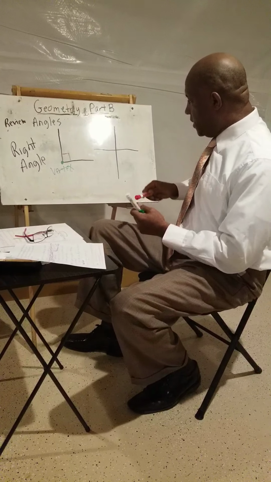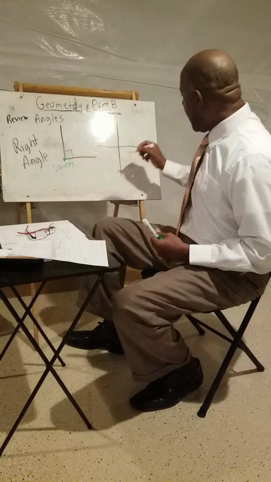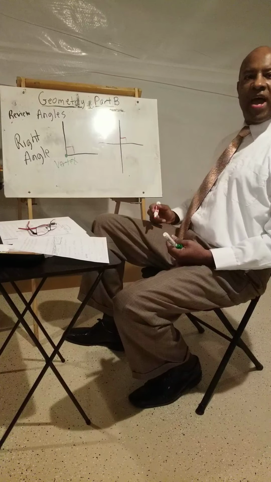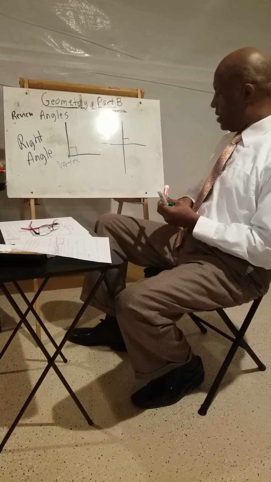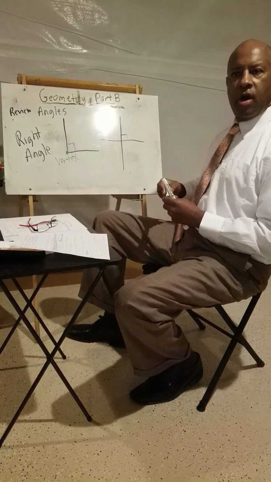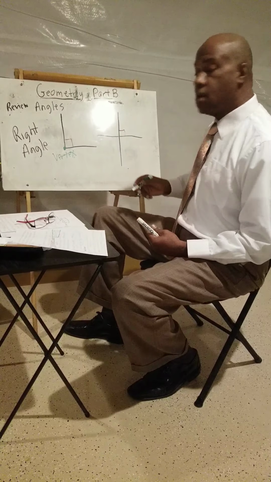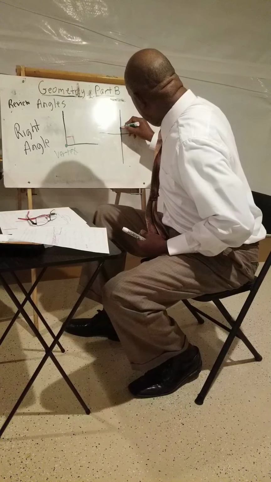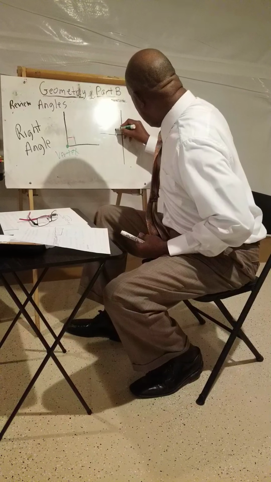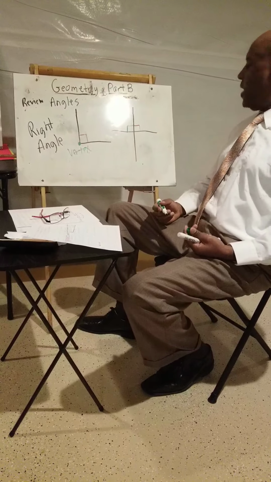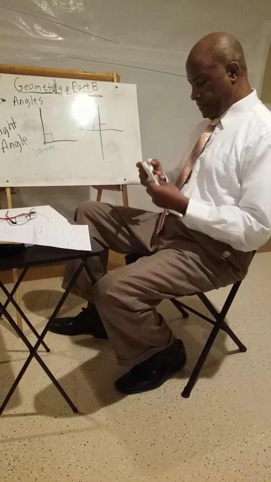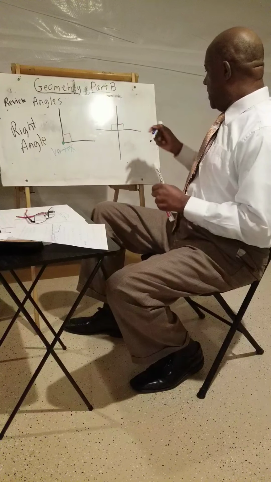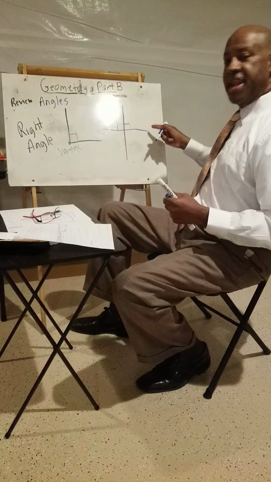Now, let's look at this right angle. There's a right angle there. But look across. What's that again? Right, that's the line of symmetry. And that's also a right angle. Line symmetric, top and bottom, the line of symmetry.